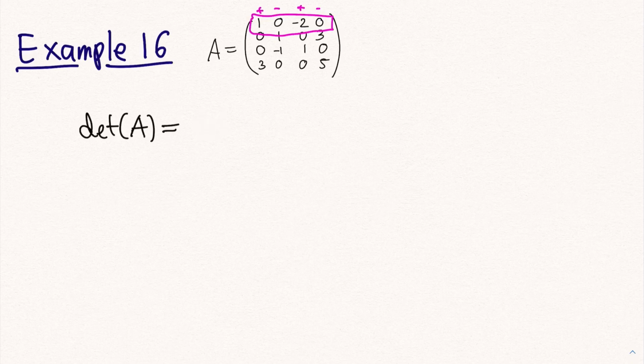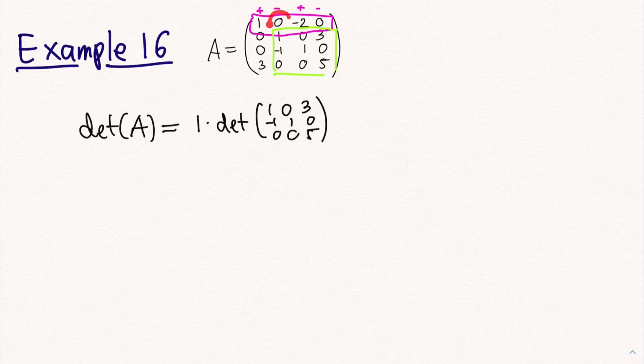So it's 1 times the determinant of the matrix I get by removing the first row and the first column. So it's this matrix here: the determinant of 1, 0, 3, minus 1, 1, 0, 0, 0, 5.